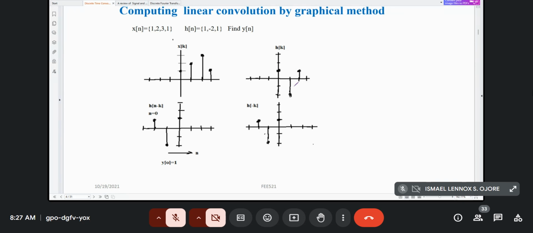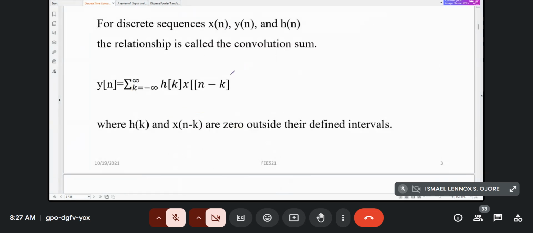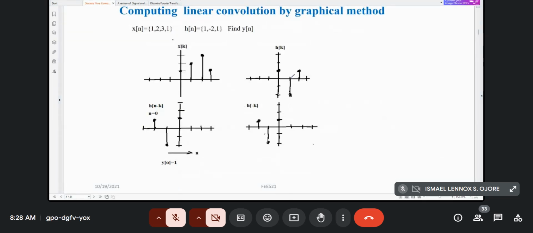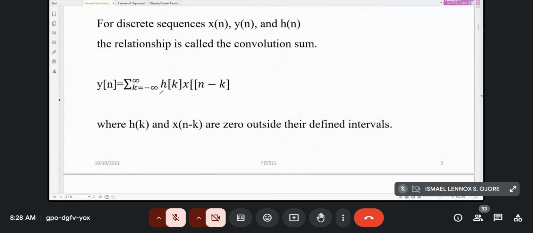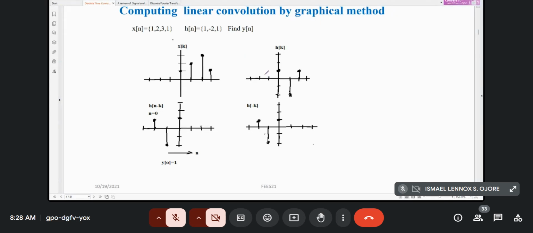But now what we do, remember this equation has got x of k into, oh, here I think we have used h. Actually, in my example here, I have done h of n minus k, which will give the same thing. Here it is x of n minus k, but here I've used h of n minus k.